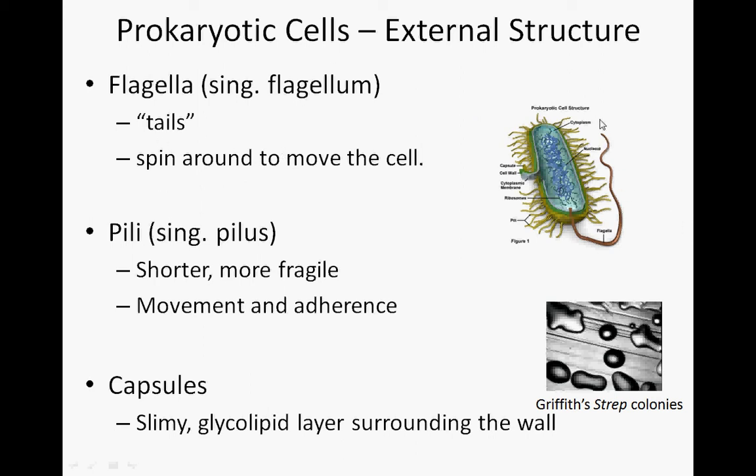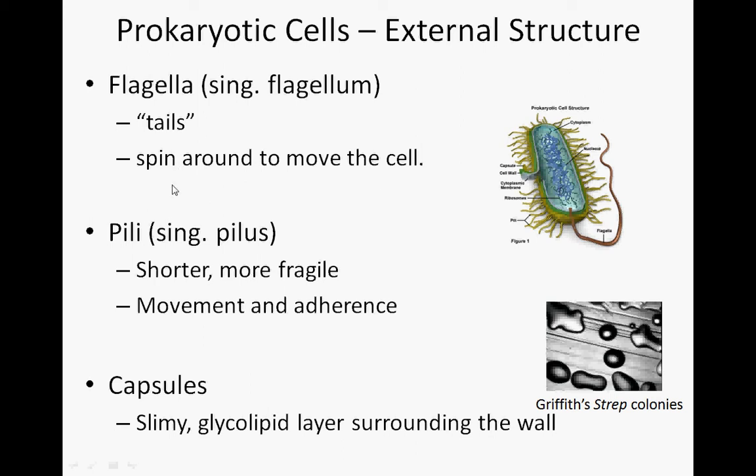They spin around and they move the cell in very powerful strokes and move it in one particular direction if they're only on one end of the cell. We will learn much more in medical microbiology about how these flagella are assembled and how they interact on the inside and the outside of the cell.